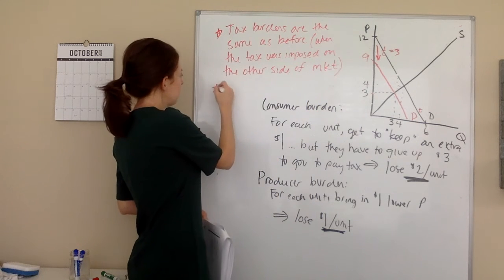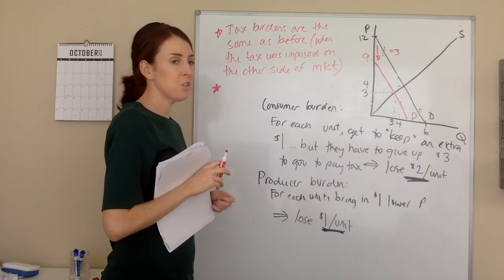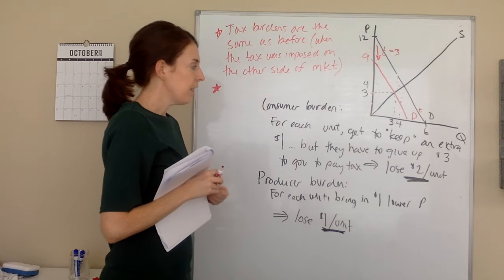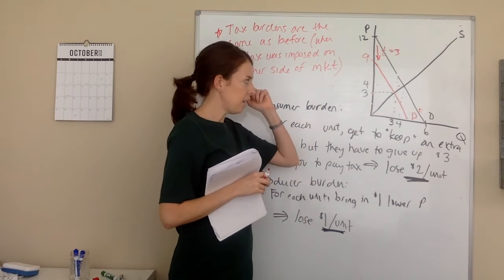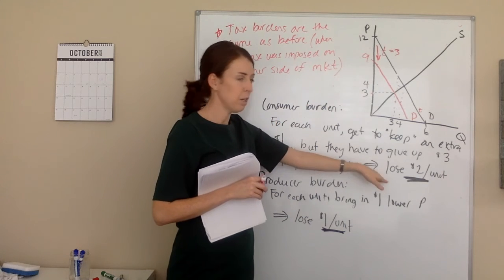And the second thing to note is something that I've already noted in the previous example. Just recognize here that the side of the market that had the more inelastic response was the side that had the bigger burden.